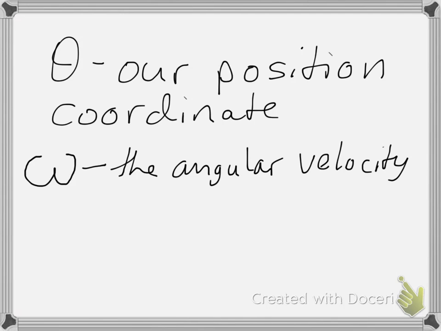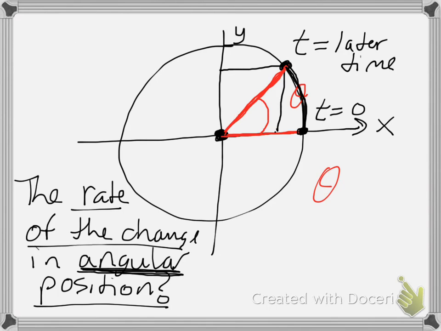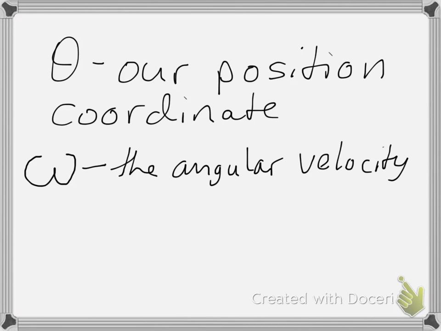Okay? And it literally is just how fast an object moves from one initial angle to the next, right? It's just how fast the object is going around the circle at a particular instant, right? But mathematically, because it's the change in angular position, we write it as delta theta over t.